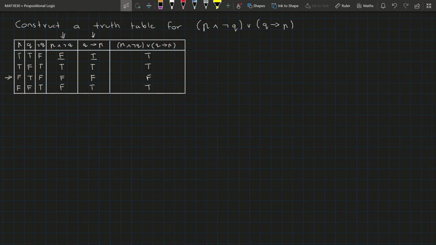Now, is this a contradiction or a tautology? If we look at these values in these rows, for it to be a tautology, all of them need to be true, and for a contradiction, all of them need to be false. But since that's not the case, it is neither.